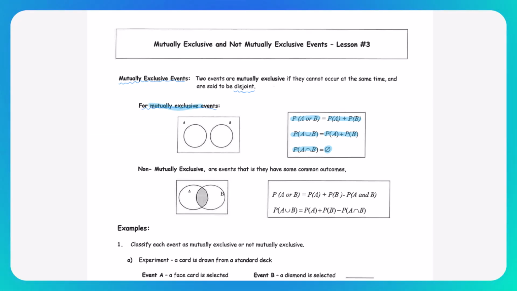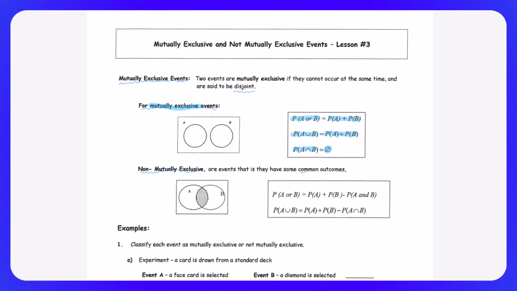So now for non-mutually exclusive events, those are the ones that do have an overlap, or in other words, they are events that have some common outcomes. So those are the ones that have something in the intersection area right here.